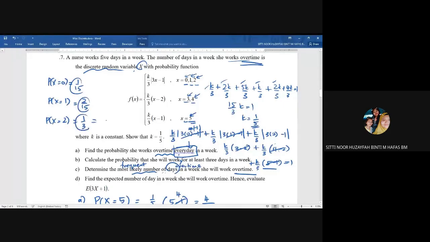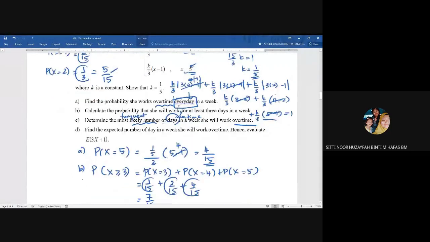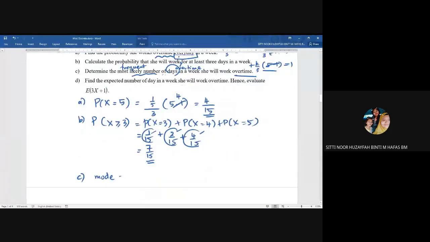So, this 1 over 3 is actually what? 5 over 15, right? So, we have, for this one is 1 over, 2 over, 5 over, and then 1, 2, and 4. So, from all of these, which one is highest? Will be 5 over 15. So, the mode is equal to, when x equal to 2 lah.